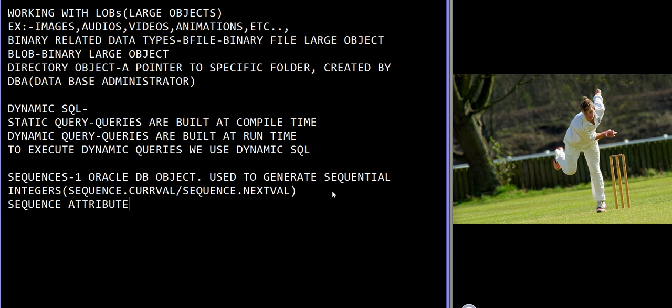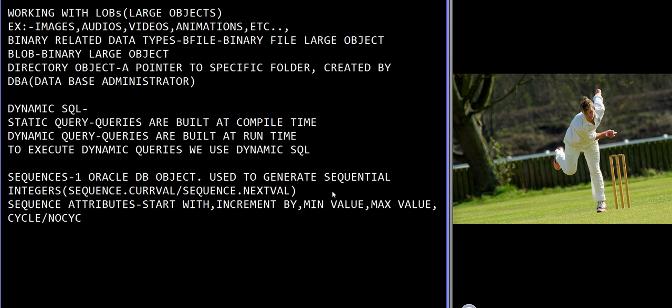After that we have sequence attributes. While creating the sequence we can add these: start with, and I will explain one by one after writing them, then increment by, minimum value, maximum value, cycle or no cycle, and finally cache. We define from which value the sequence will start.